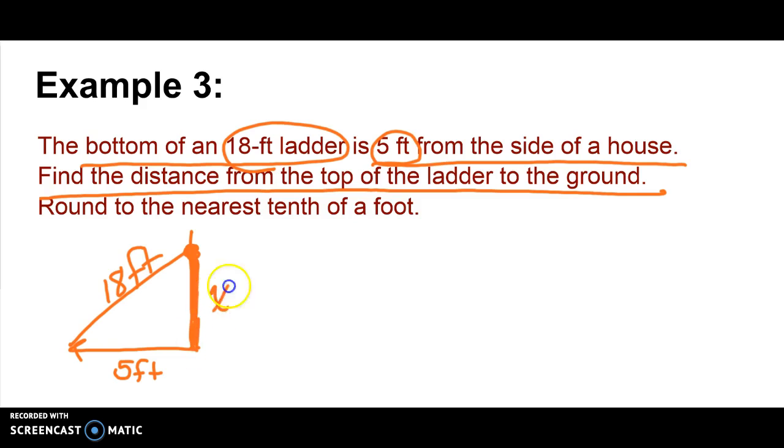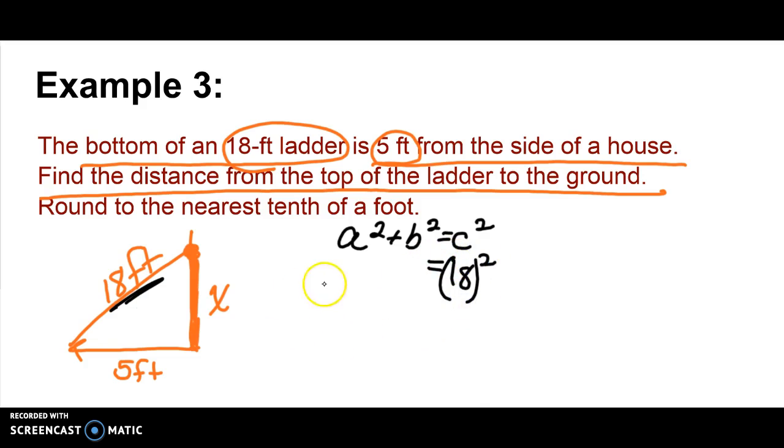That's the distance I'm looking for. So again, Pythagorean's theorem always, a squared plus b squared equals c squared. What do we plug in next? Always the hypotenuse, 18 squared. And then I'm going to put 5 squared in for a and leave b squared.